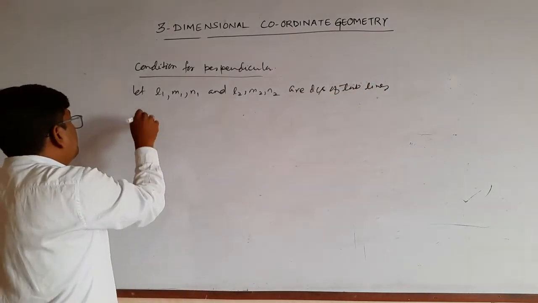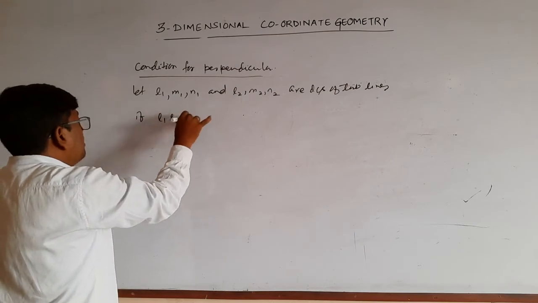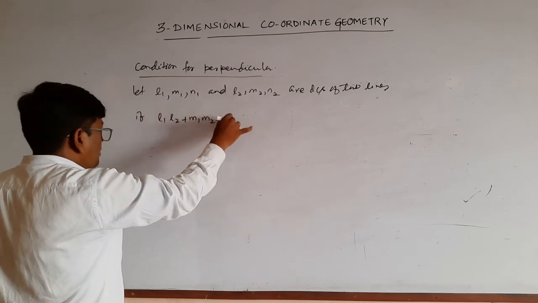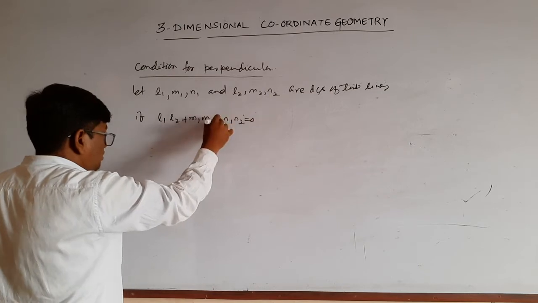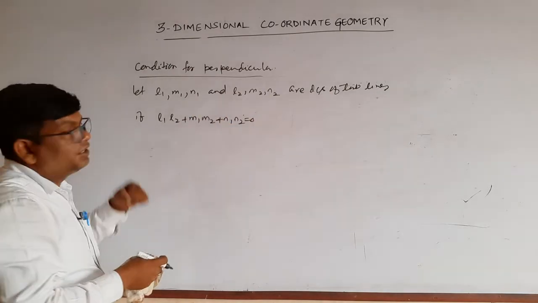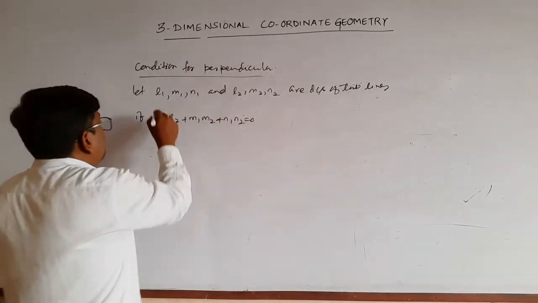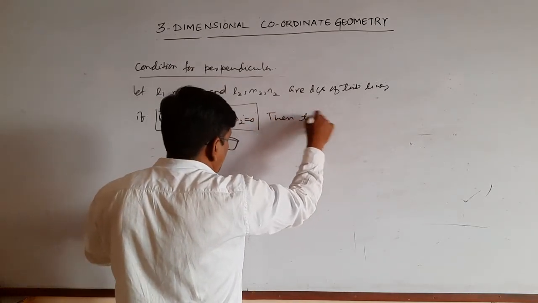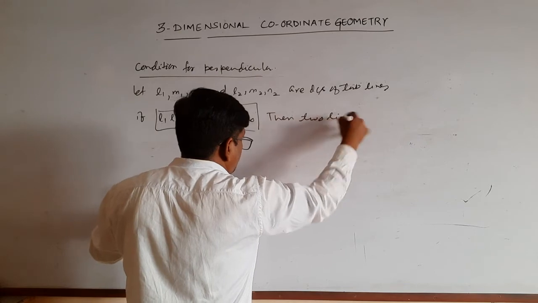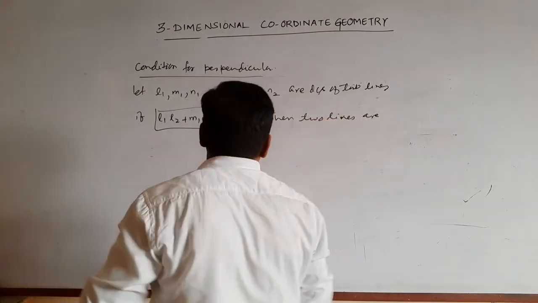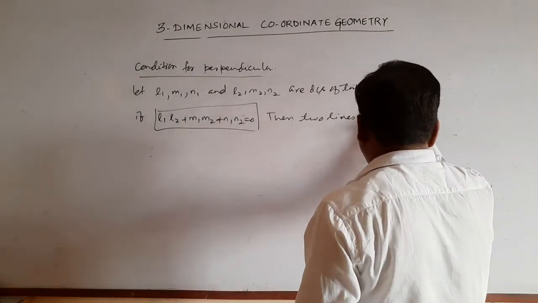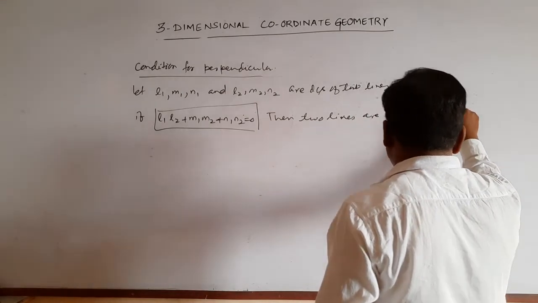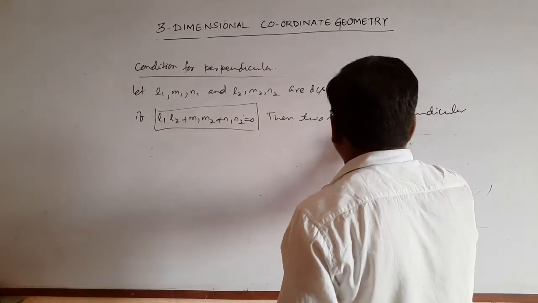If L1 L2 plus M1 M2 plus N1 N2 is equal to 0, that is, the dot product is 0, then the two lines are perpendicular to each other.